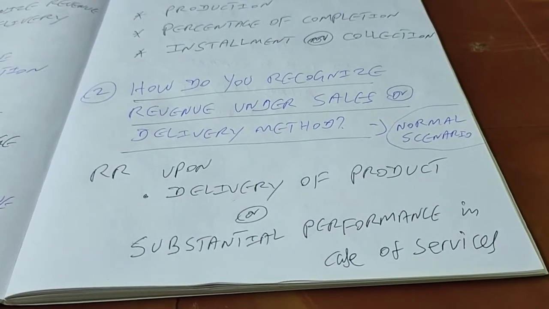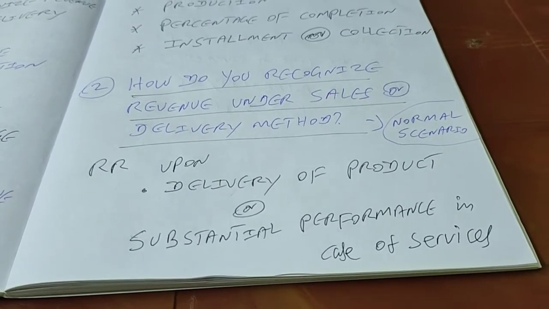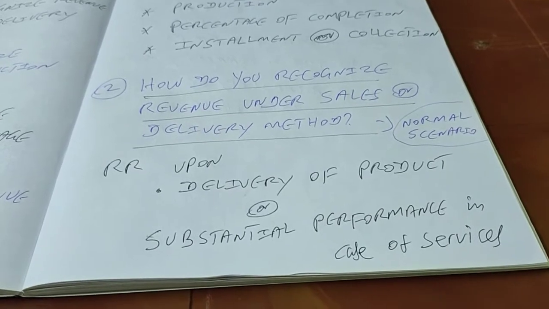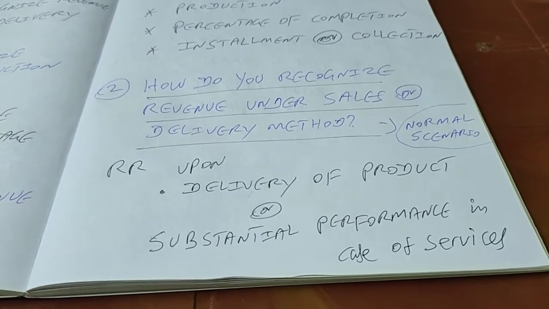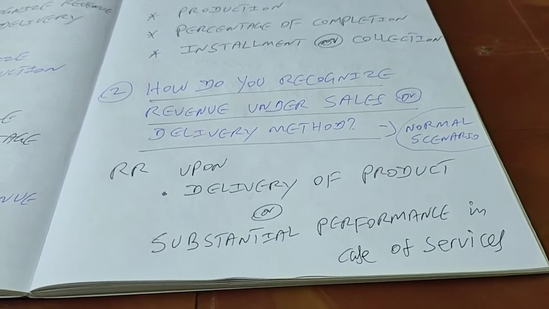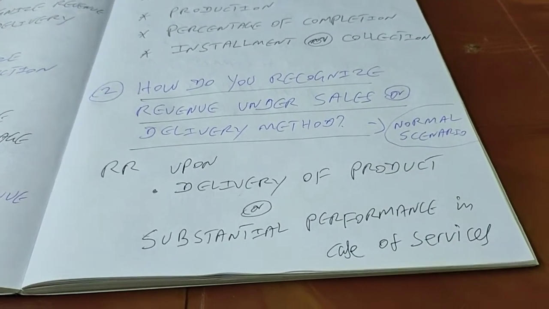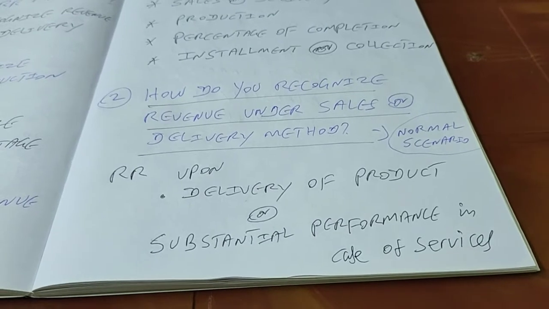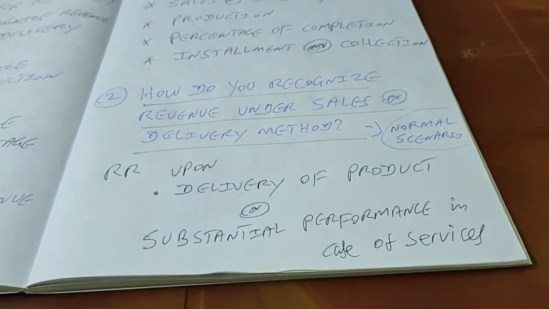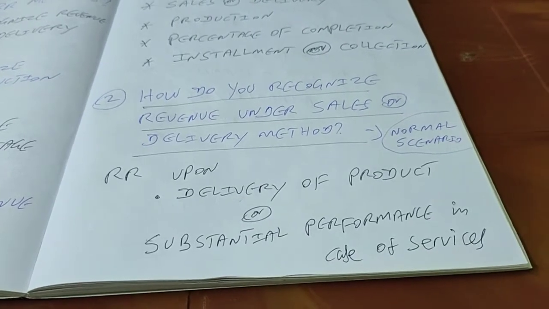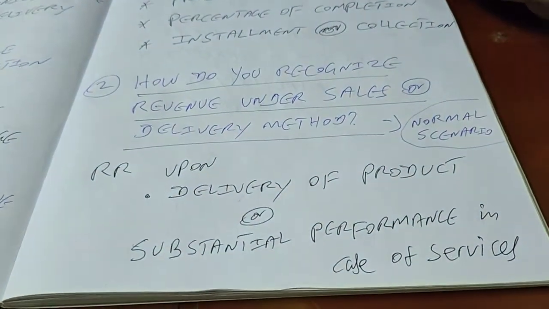For example, if you are talking about a FMCG company, the moment the FMCG company delivers the product to the retailer or the intermediary, the company can recognize revenue.